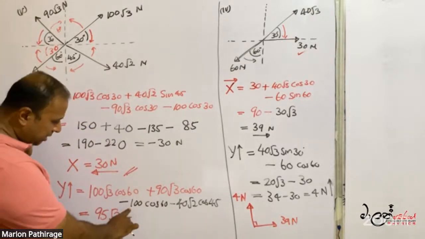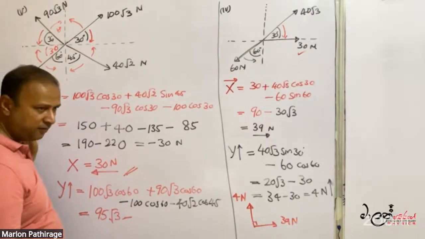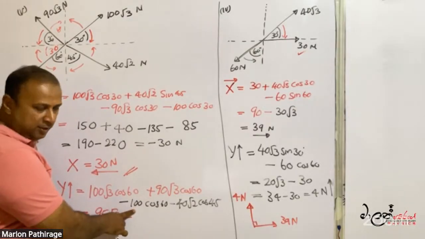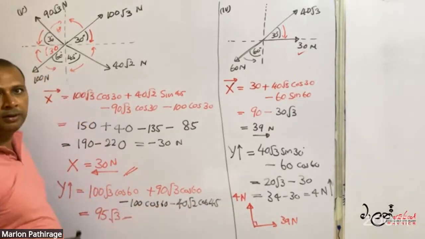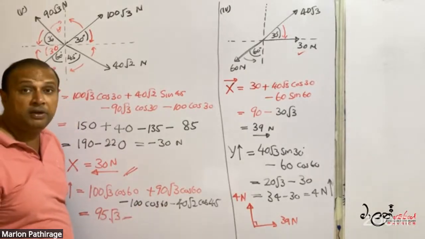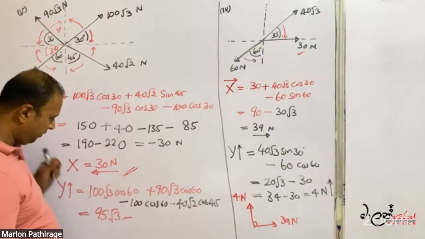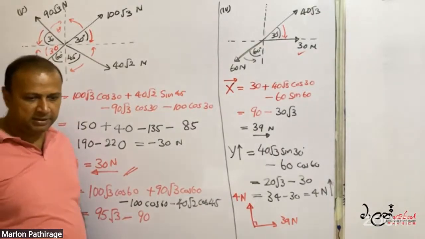100 into cos 60 means half, so 50. 1 over root 2 means root 2 and root 2 will be cancelled out, so 50 minus 40 means 10.